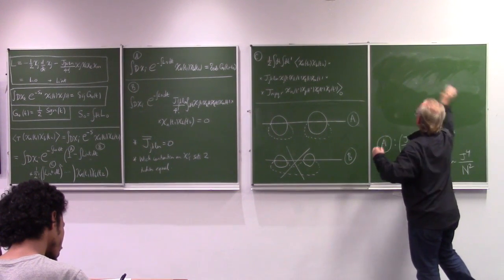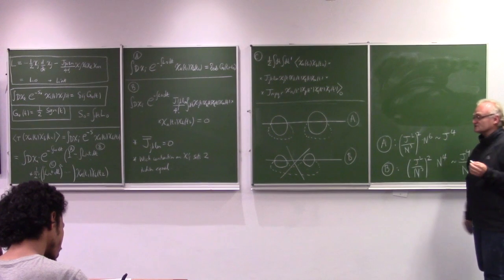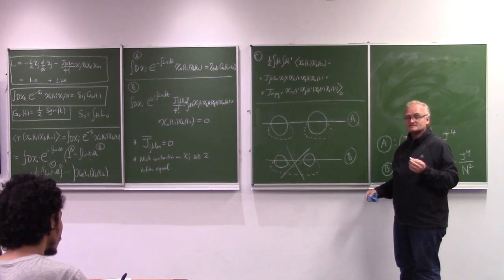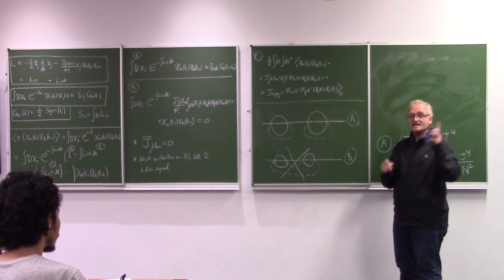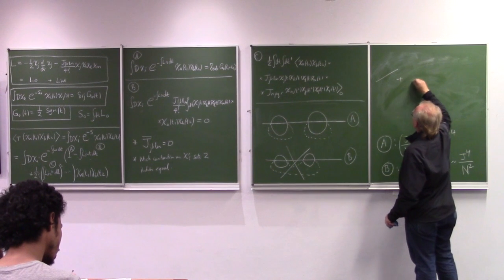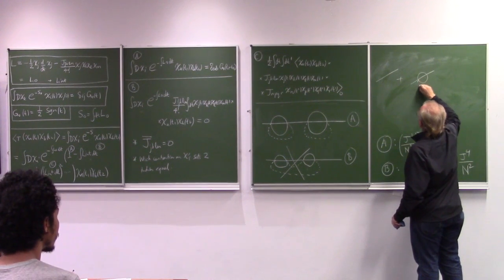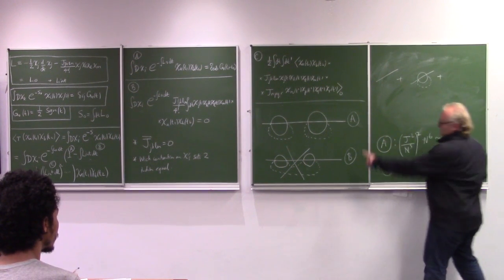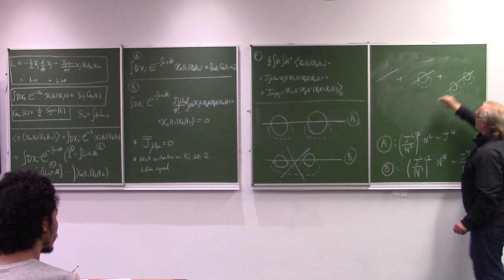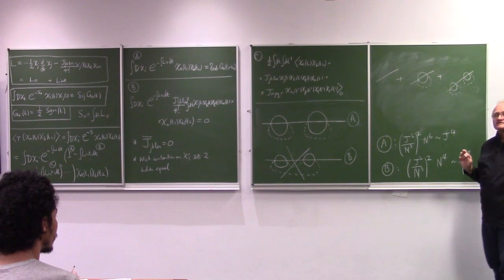So in actual fact, we've noticed a huge simplification. We don't need to bother about stuff like this. We only need to bother about stuff like this. So if we were working to second order, what would we see? We'd be able to see that plus, well, we put one of the diagrams, that. Anything else at second order?